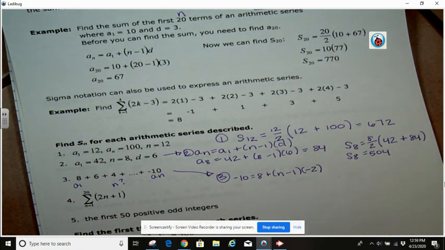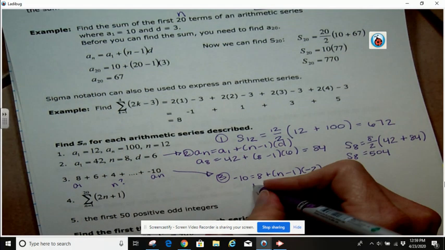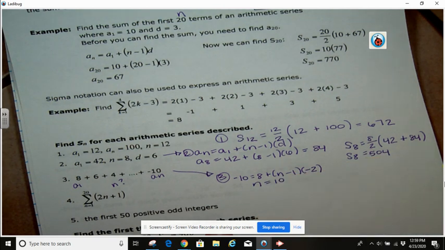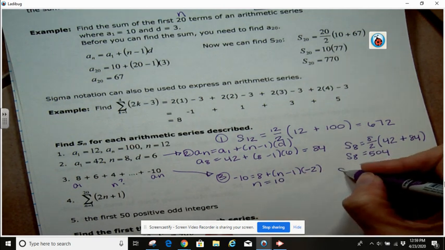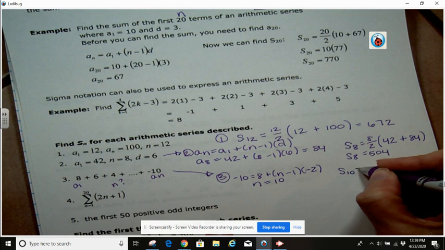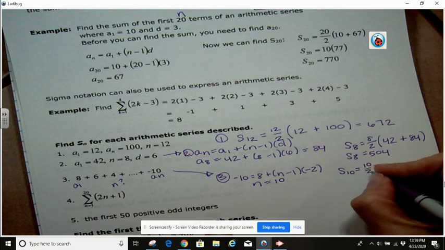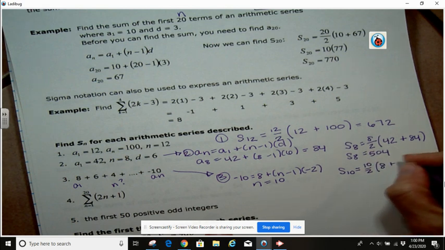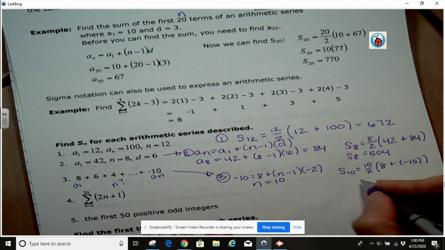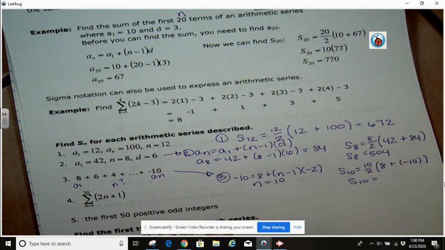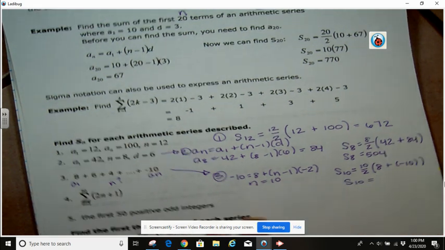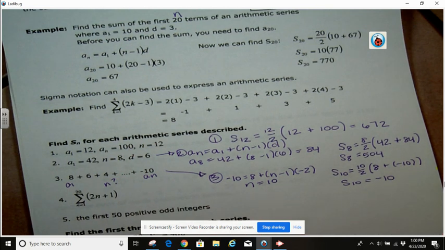So when I get all the information that I do know into the sequence formula, I can find out that n equals 10. Then I can find the sum of the series, s sub 10, because now I know that n is 10, 10 over 2, and I already knew the first term and the last term. And so the sum of the first 10 terms of the sequence is just negative 10.